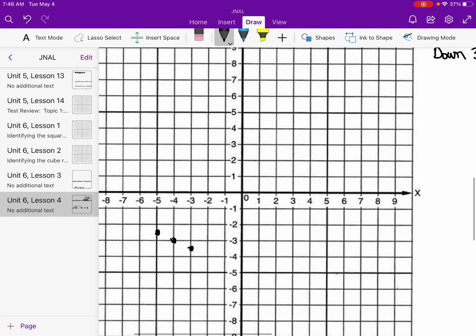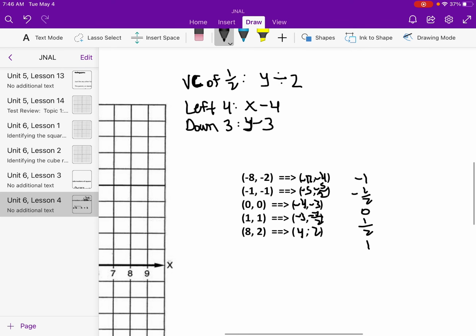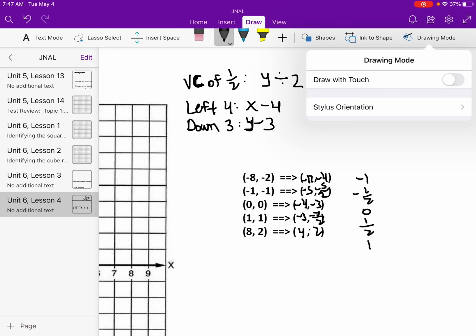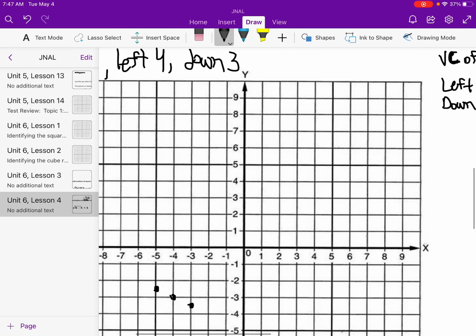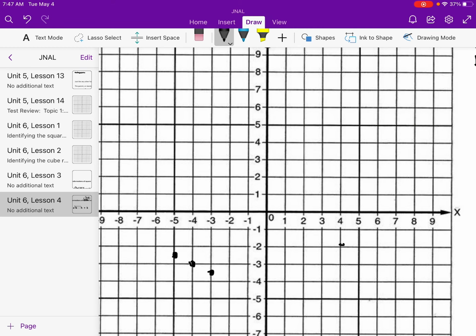I think we did something wrong here. Oh, that's supposed to be negative 2. I didn't draw the negative well enough. It's hard to see. That makes more sense. 4, negative 2 would be right here.